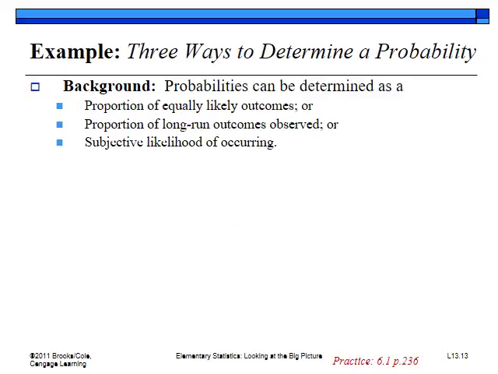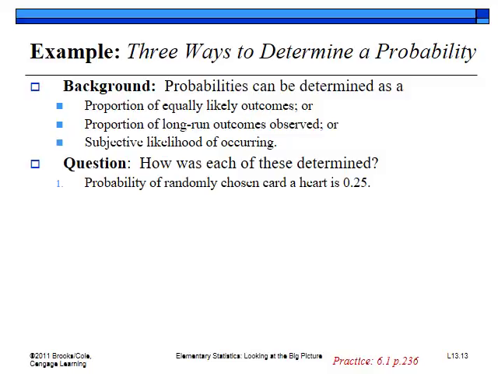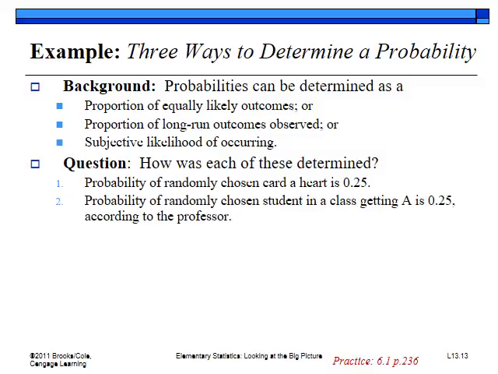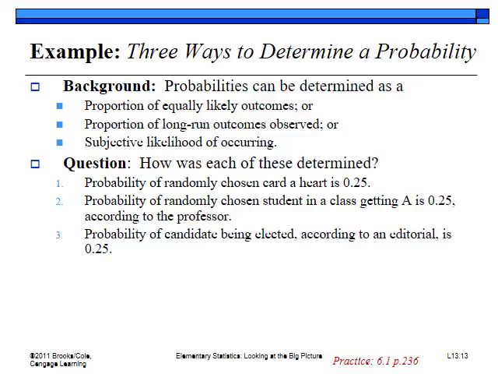So looking back at our examples, when we talked about the probability of a randomly chosen card being a heart, the probability of a randomly chosen student getting an A, and the probability of a candidate being elected, which of the 3 methods for assigning probabilities were used for each?